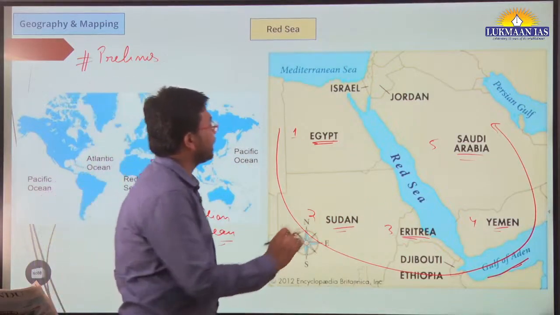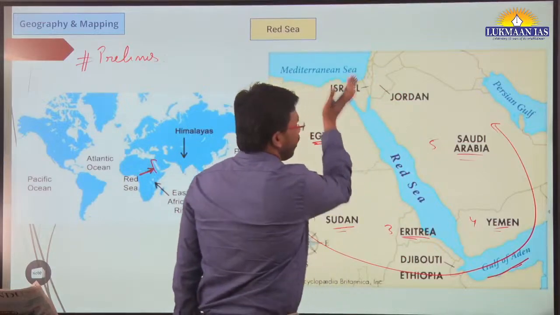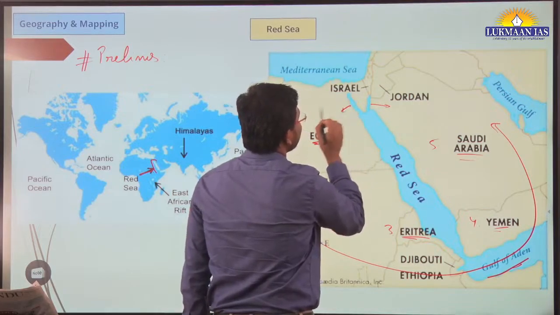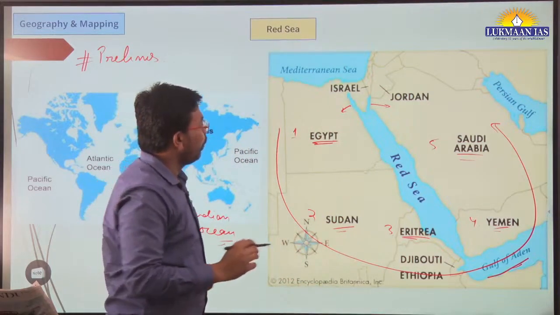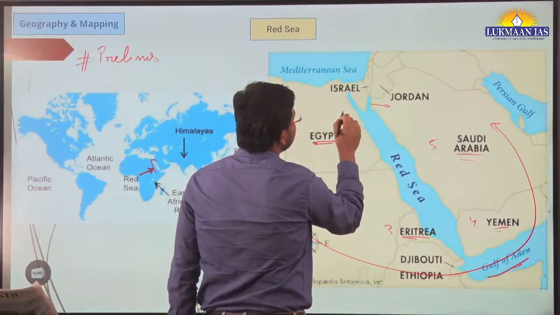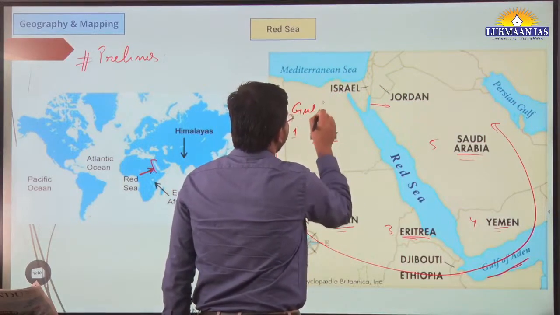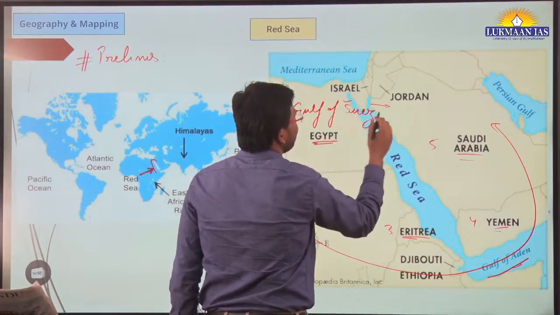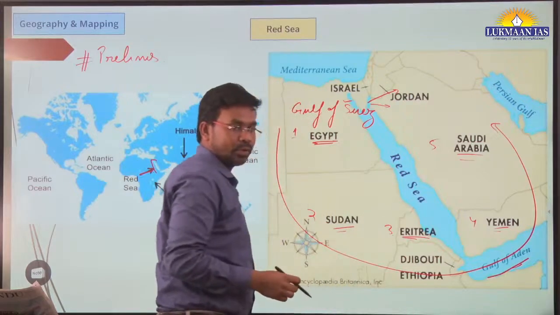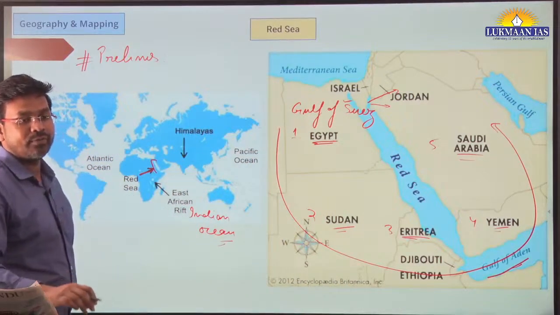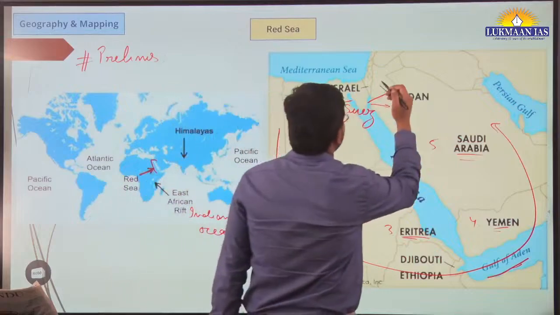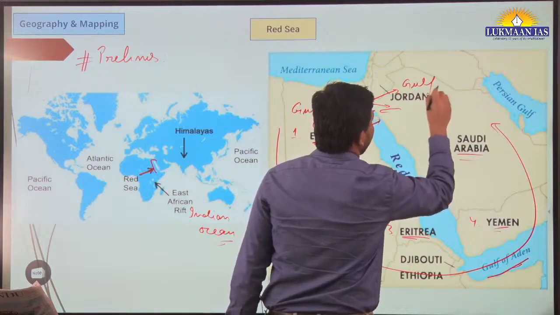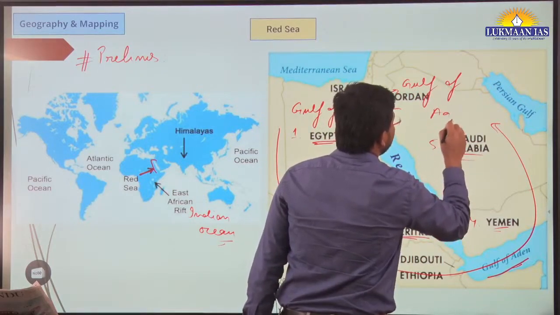If we go a little towards the north of the Red Sea, we see two types of gulf. One of them is known as the Gulf of Suez, and here we have the Gulf of Aqaba.